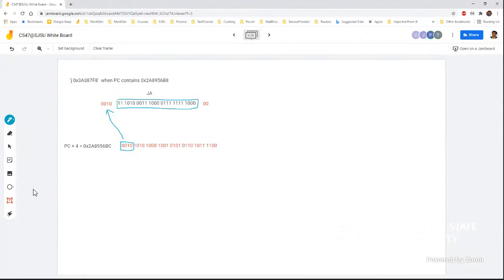We're adding the extra 0s, and that becomes your full 32-bit address. Now change it to the hex address of this. So how do you change it? Just group it by 4.